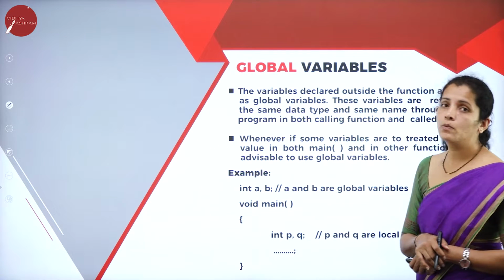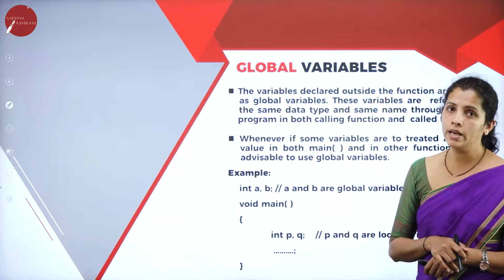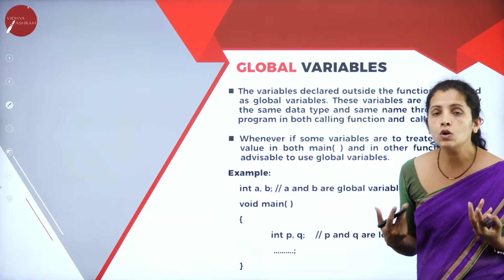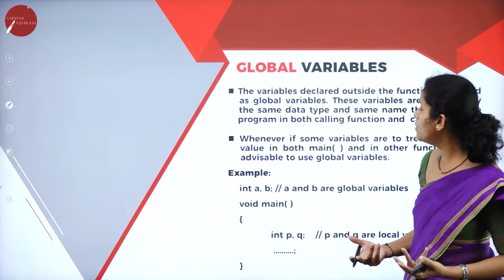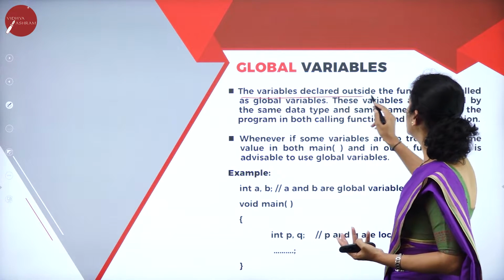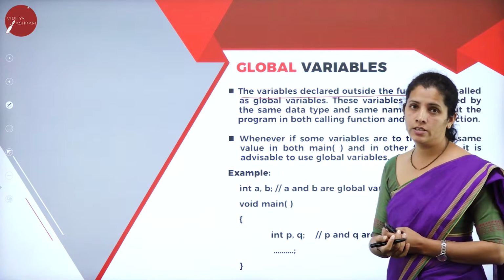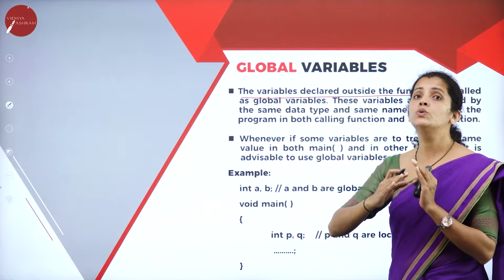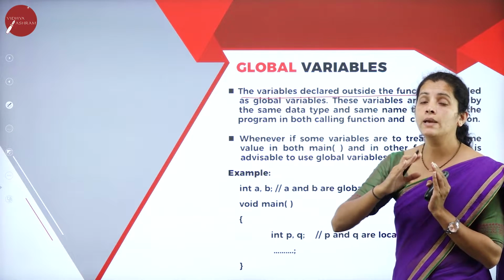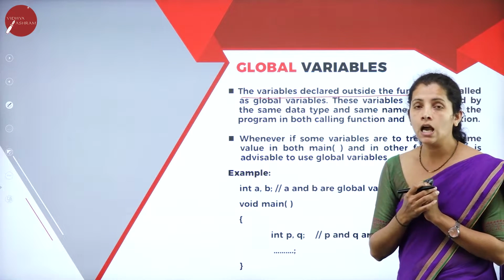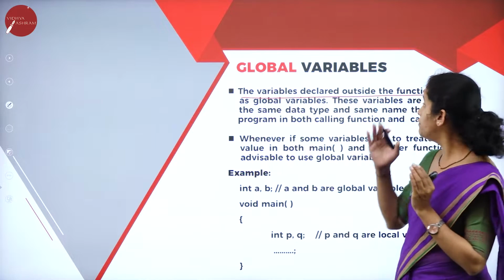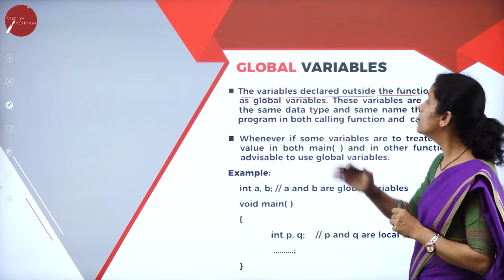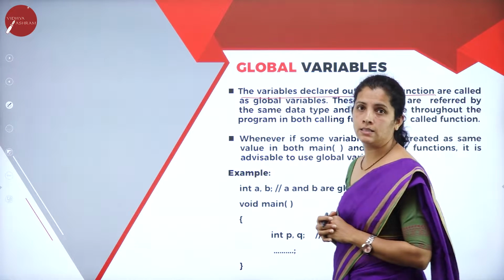Moving further, I'm going to have the global variable. So what is a global variable? The variable declared outside the function. Whatever variable I declare outside the class or outside the functions is called a global variable.